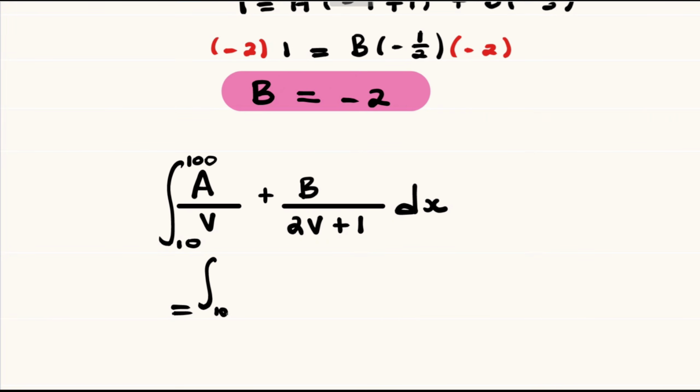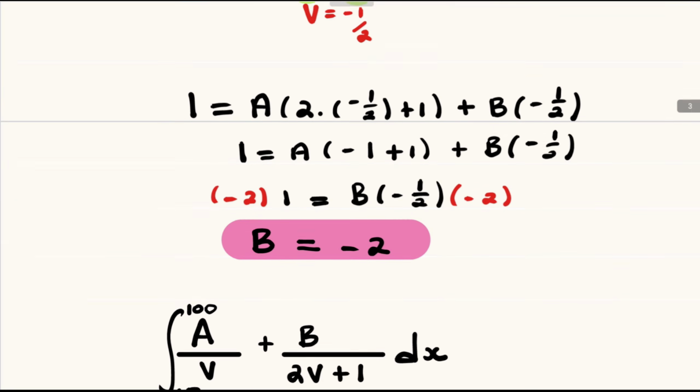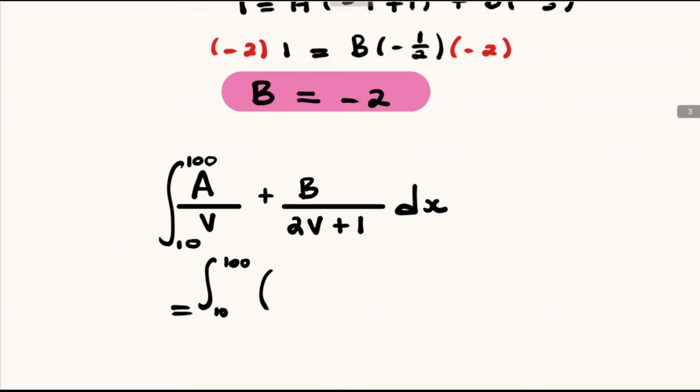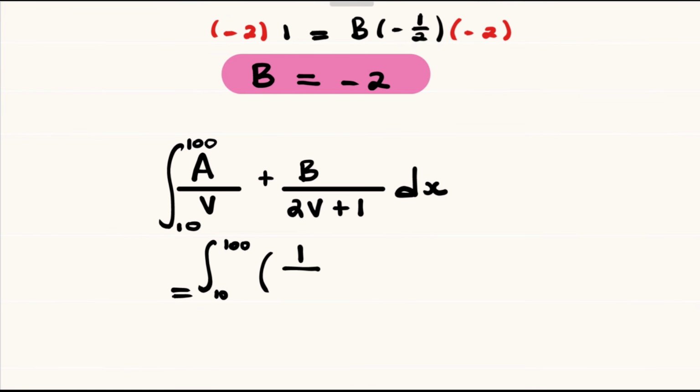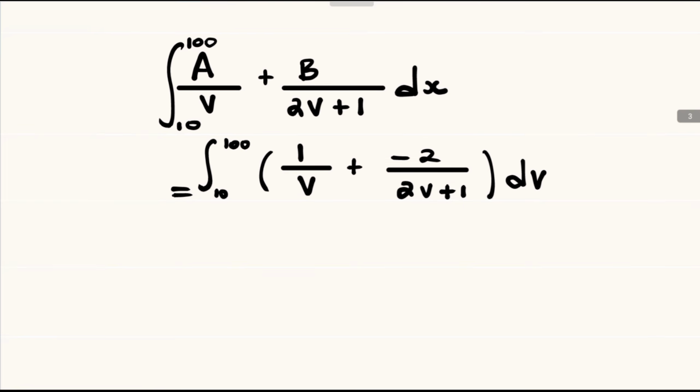Let's substitute the a and the b. Our a was equal to 1, so we have 1 divided by v plus our b, which was negative 2, divided by 2v plus 1. We integrate with respect to v.